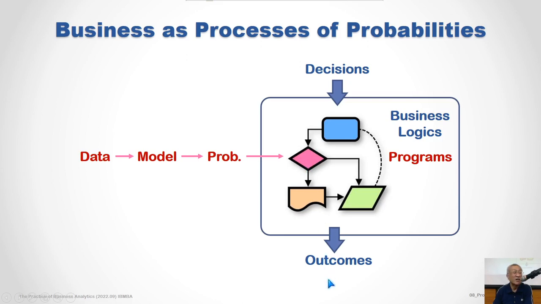We can calculate their expected outcome. So as long as we know the expected outcome for every alternative decision, we can choose the optimum decision by choosing the best expected outcome.